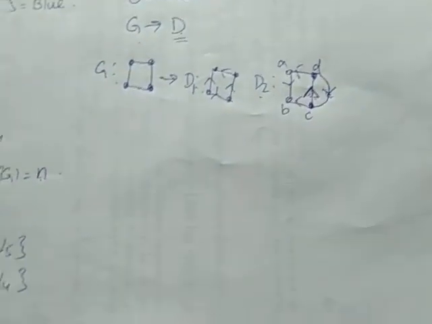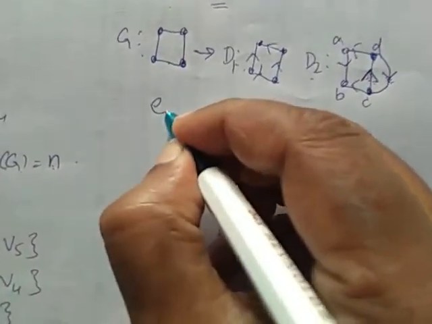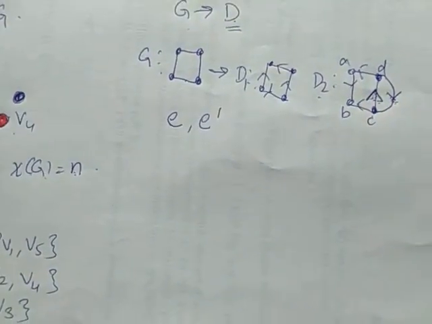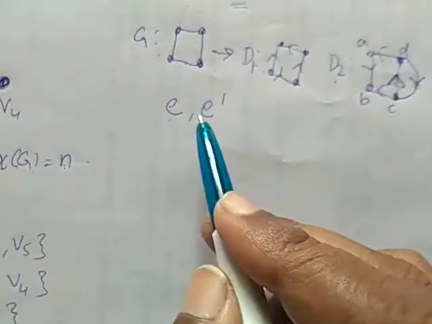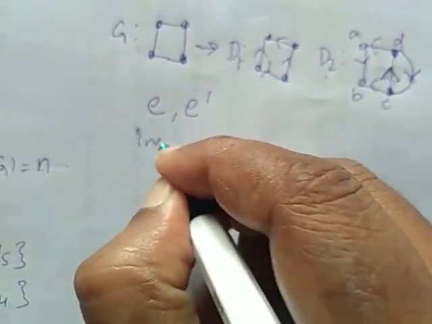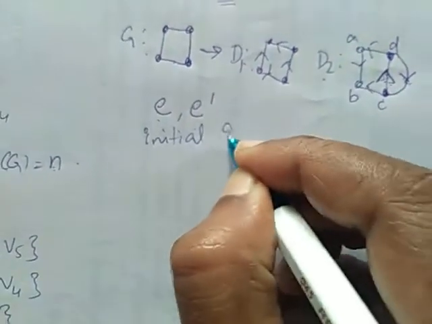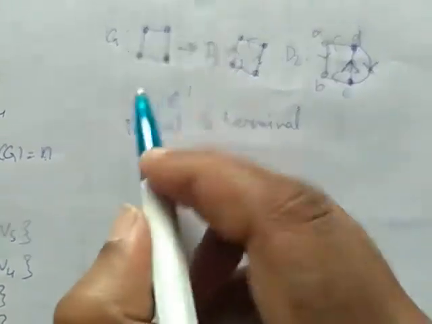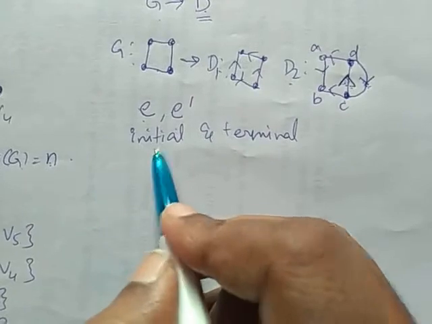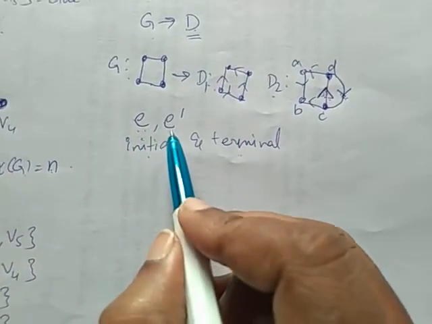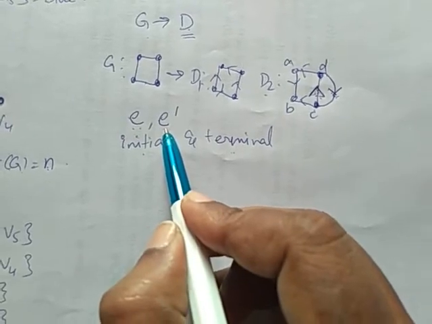Therefore, parallel edges are two edges E and E dash of a directed graph, such that E and E dash have the same initial and terminal vertex. E and E dash should have the same initial and terminal vertex, then only E and E dash are said to be parallel edges.